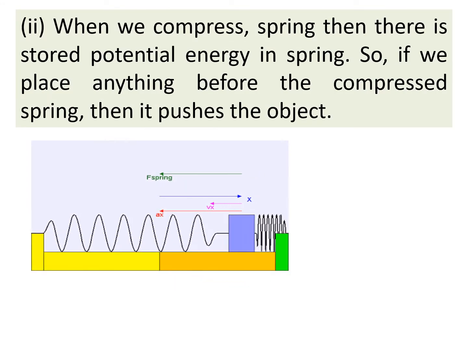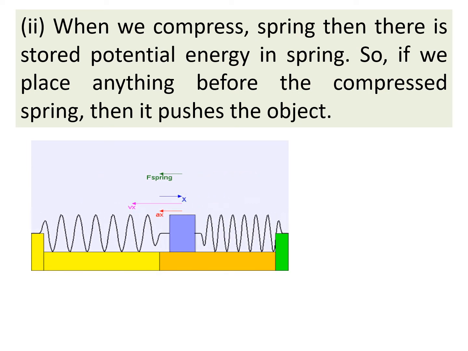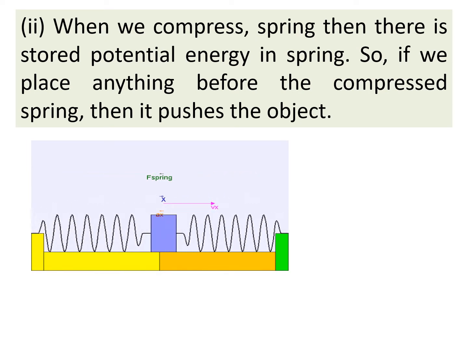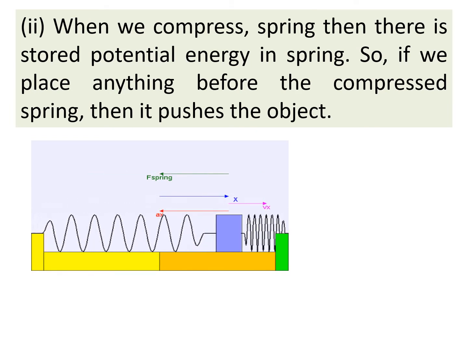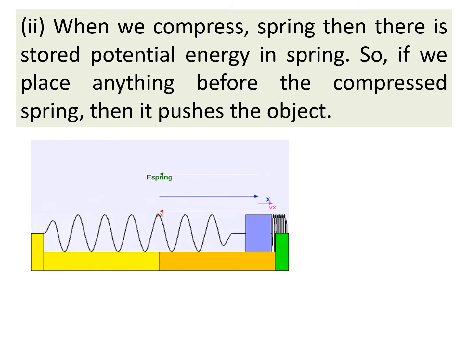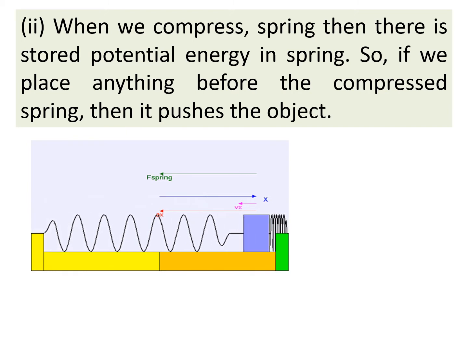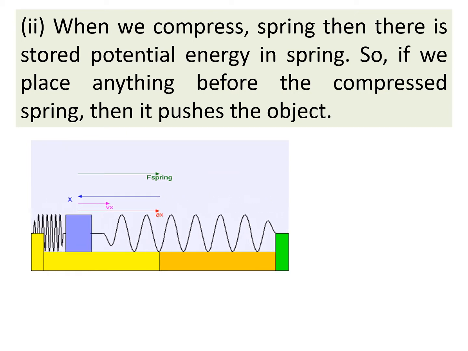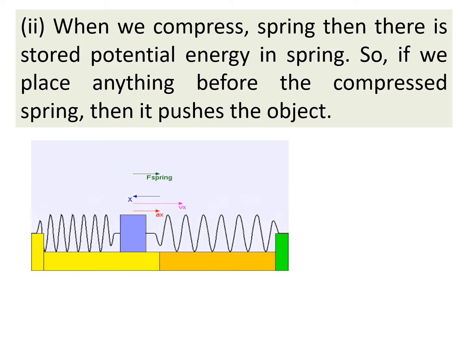Now, my dear students, look at this animation of spring. In fact, when we compress or expand a spring, then there is a stored potential energy in the spring. So, if we place any particle or any body before the compressed spring, you will see it pushes the object.